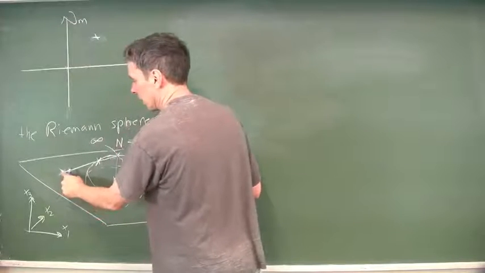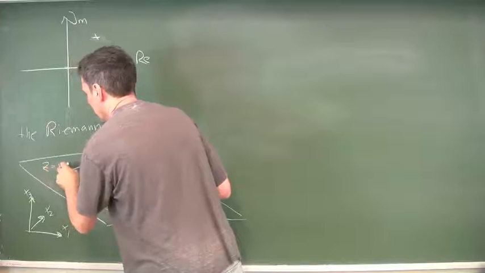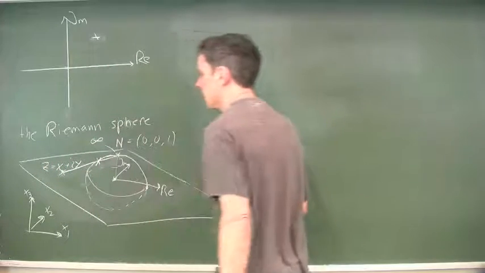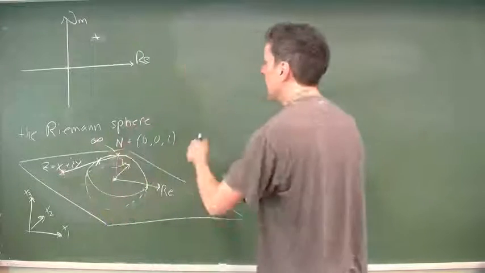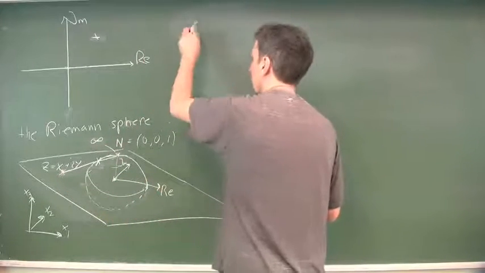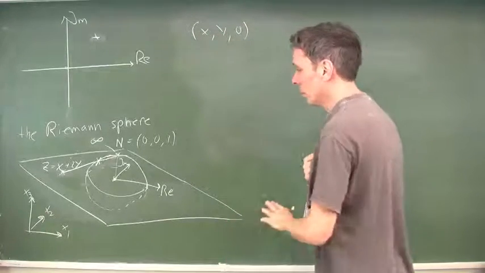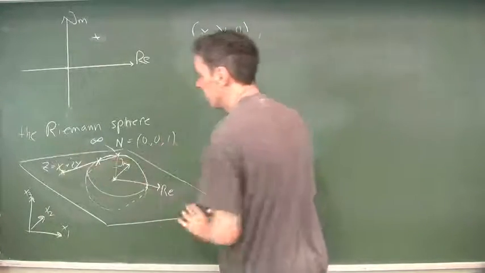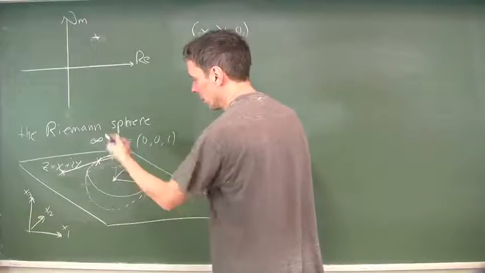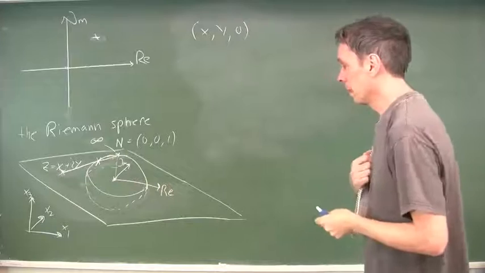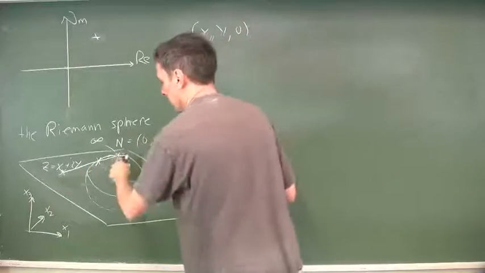Let's say that this point is z equal to x plus iy. Then this point in 3 space will have coordinates x, y, and 0, because we identify this plane with the plane where x3, the third coordinate, is equal to 0. Okay, so how do we set up this correspondence?